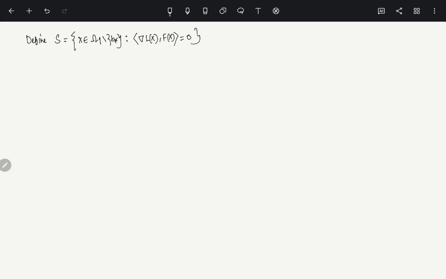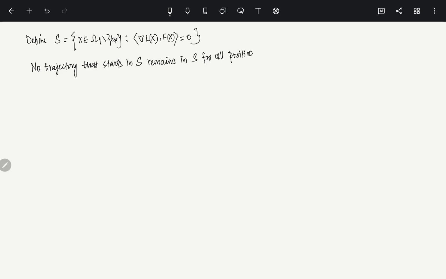So specifically, what does this mean? It means that no trajectory that starts in S remains in S for all positive time t.